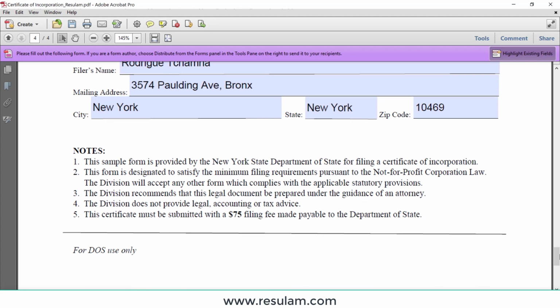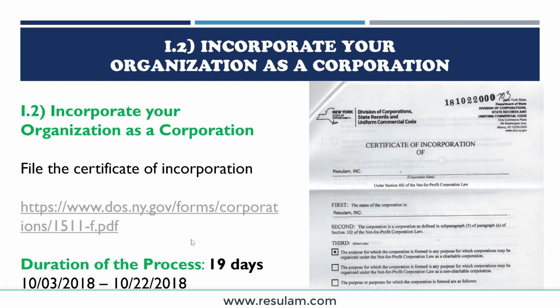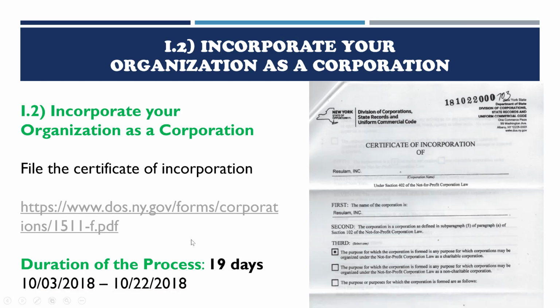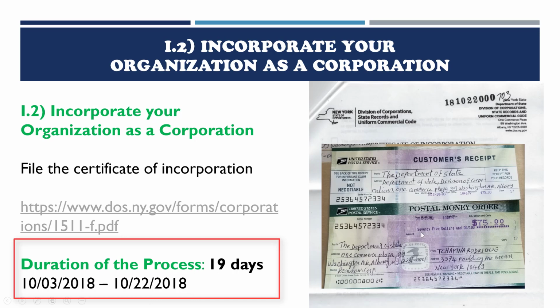And then you are going to mail this form along with $75 to the following address, and that's it. After submitting this, all the process only took 19 days. This is the money order I sent.